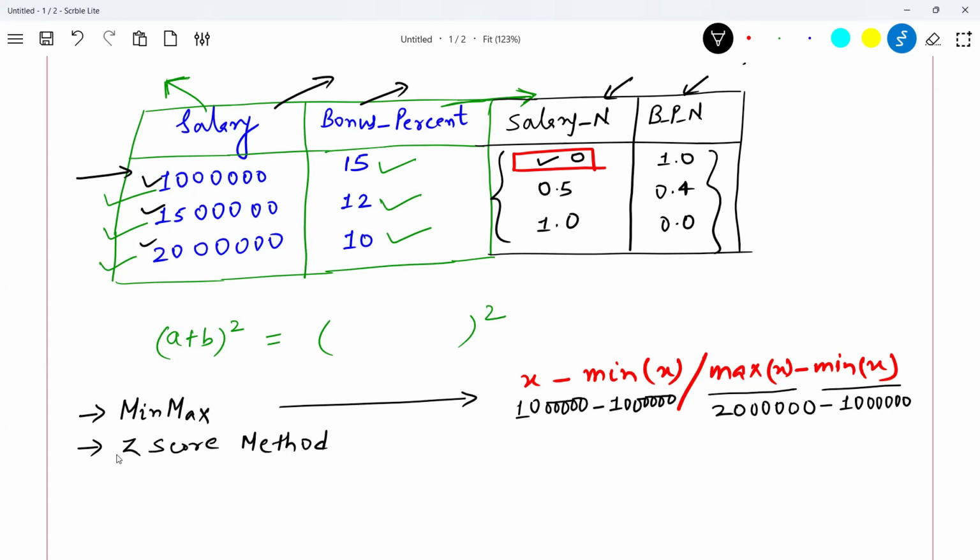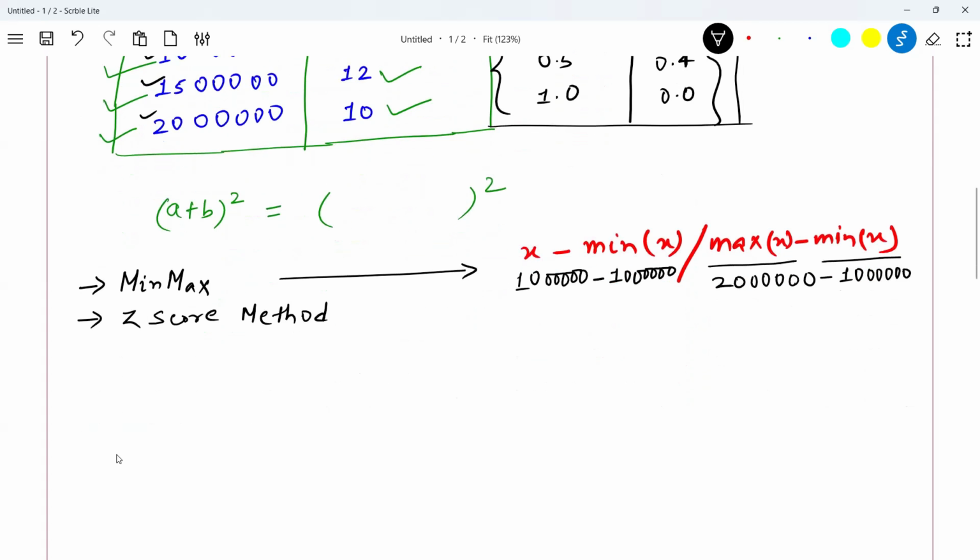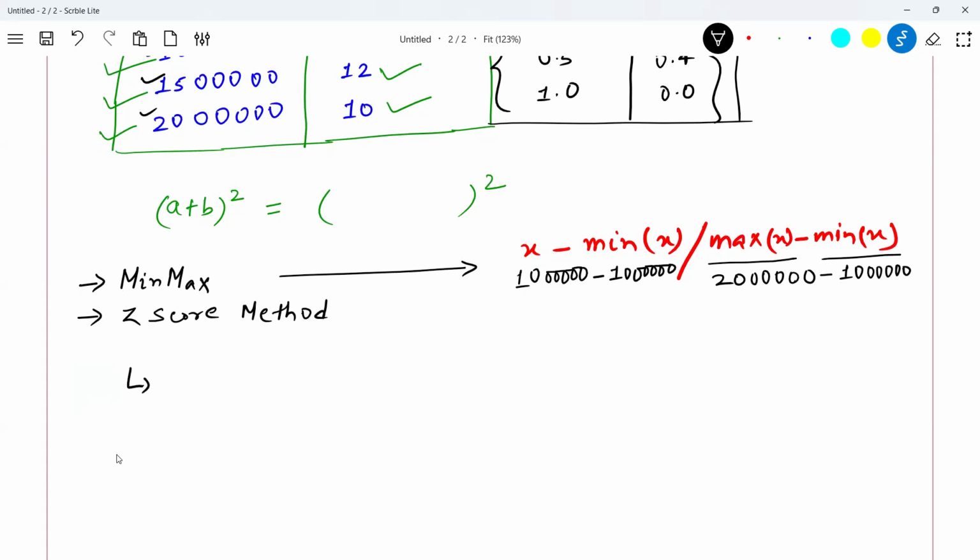How will it help us? It will help us in 5 different ways, which I'm going to explain now. What are those 5 different ways in which normalization helps you? The first thing normalization does is training stability. As I was telling you, if you do not normalize, your training will not converge well, and there can be various kinds of problems.